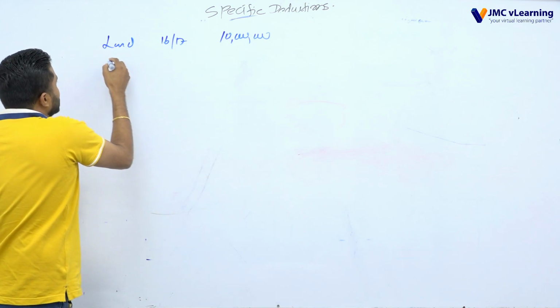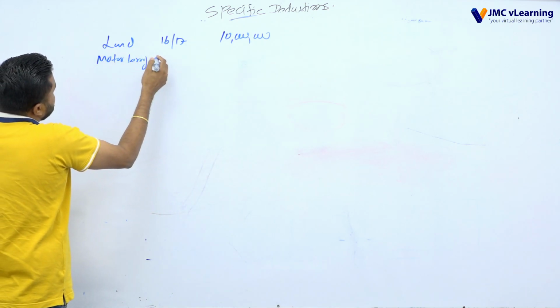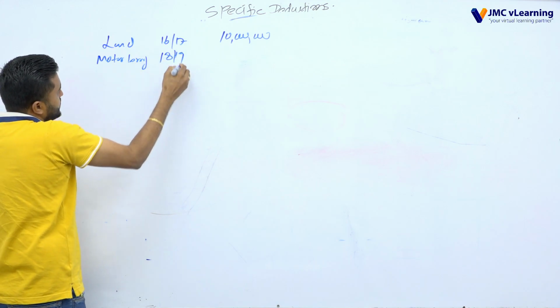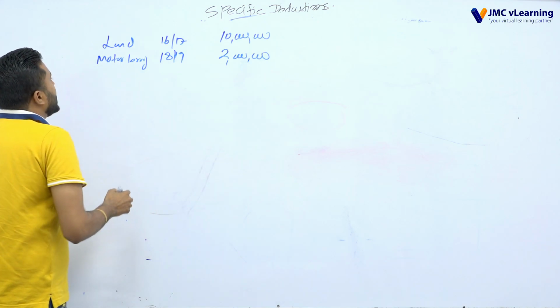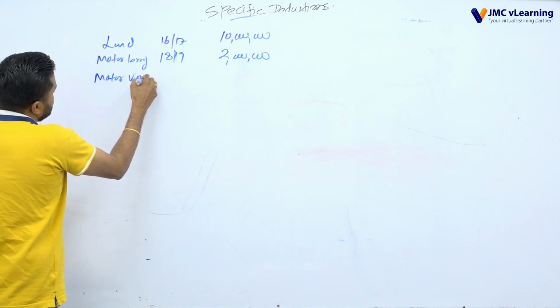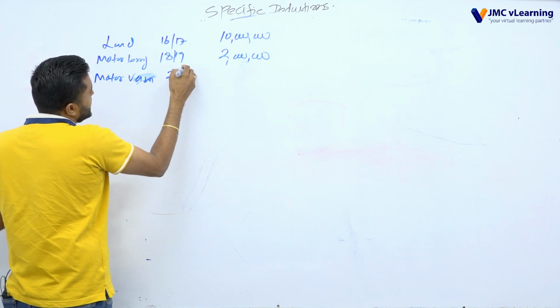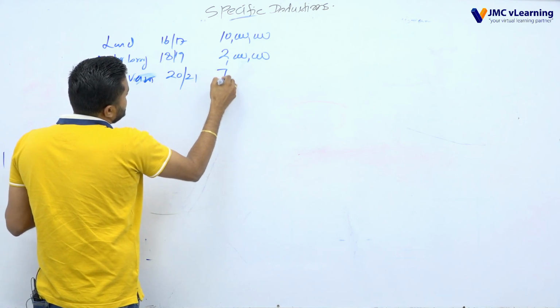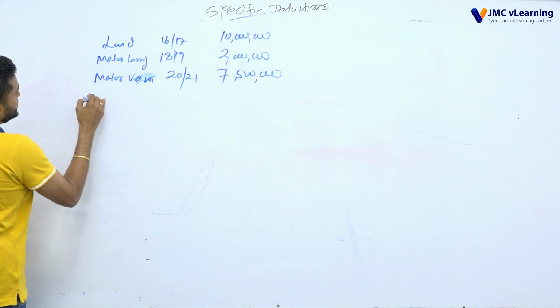There is a motor lorry purchased in 18-19 for 2 million, and a motor van used for business purposes, purchased in 20 and 21, for 7.5 million.